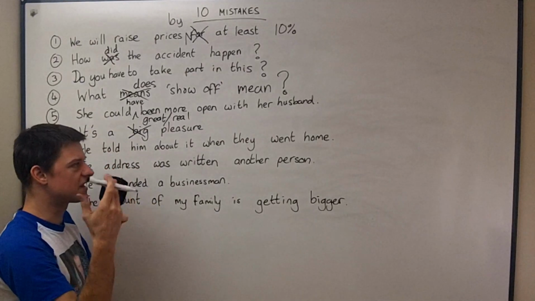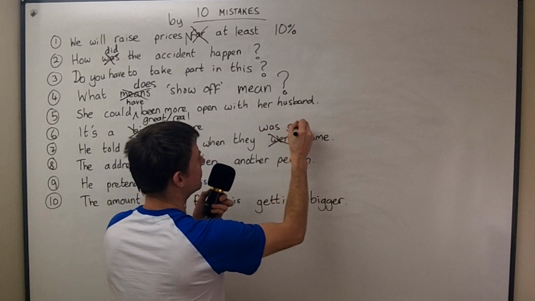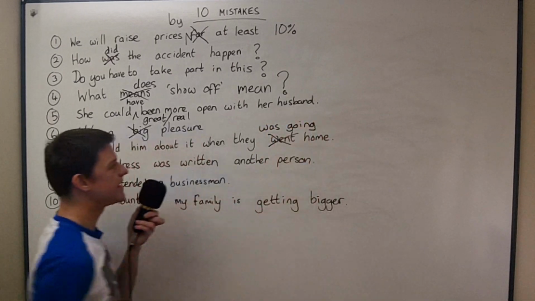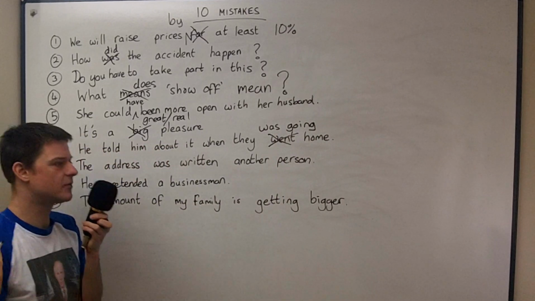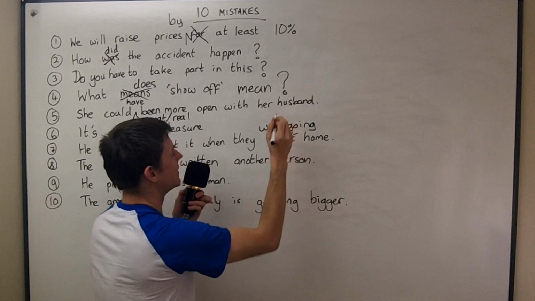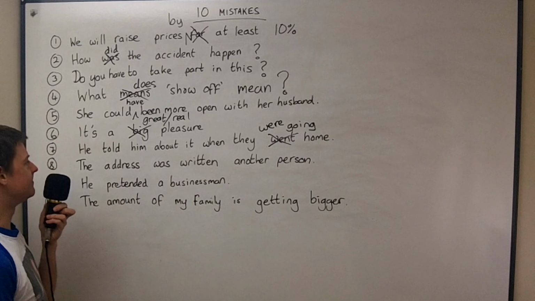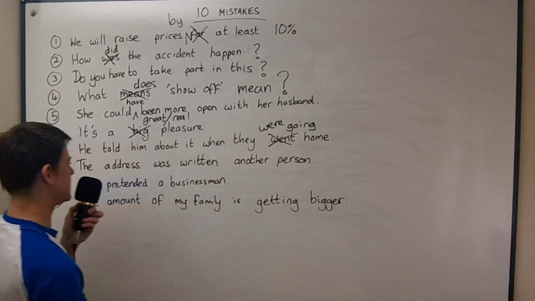And when you want to say in the middle of something, you must use past continuous. And then it's correct. He told him about it when they was. Terrible mistake. They were. He told him about it when they were going home. Okay? If you want to say in the middle of the journey.